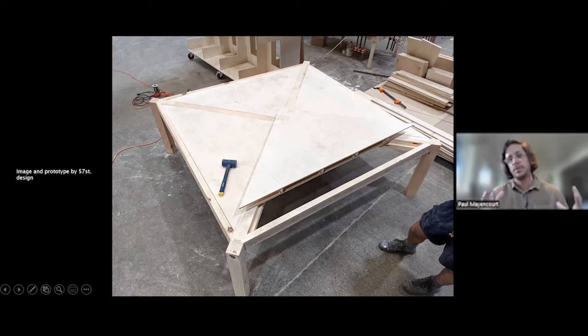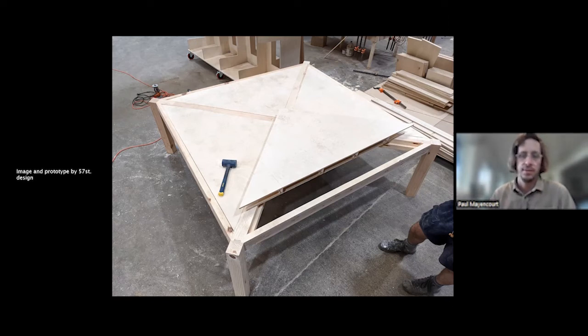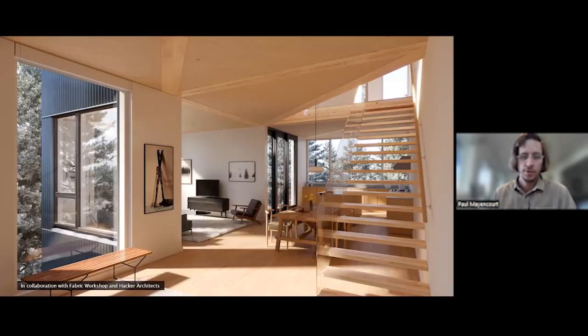So the panels would be prefabricated, and then you would bring on site these cross beams that you assemble there, and then put the panels in, and you would get a very large spanning structure out of timber that would also have a lot of insulation and acoustic advantages.